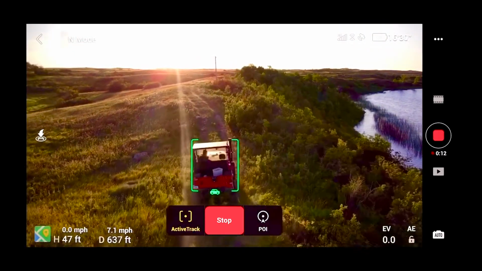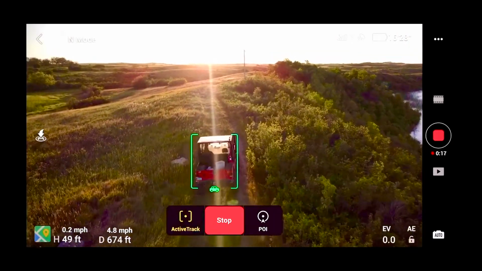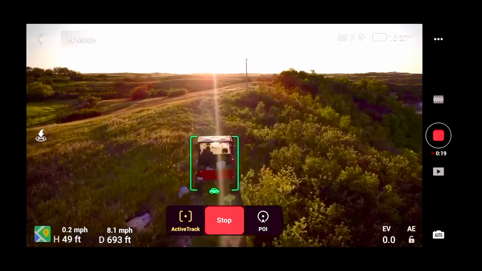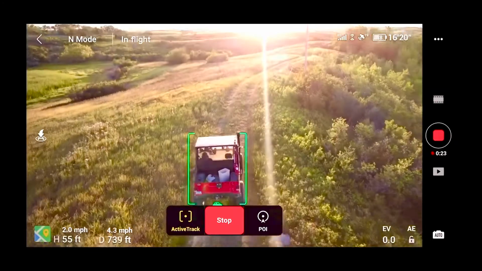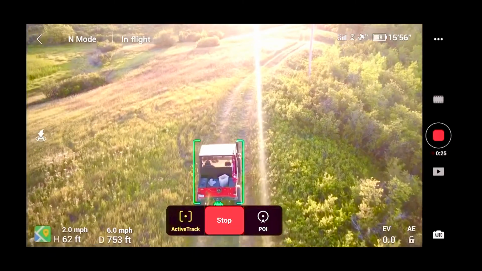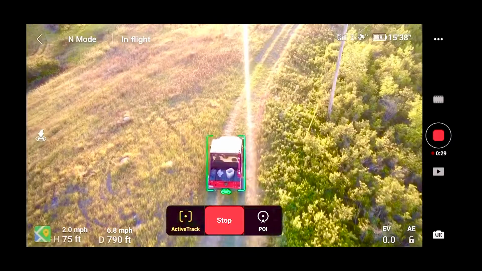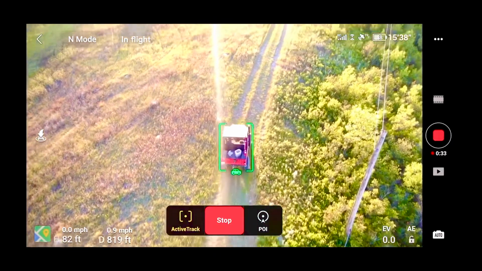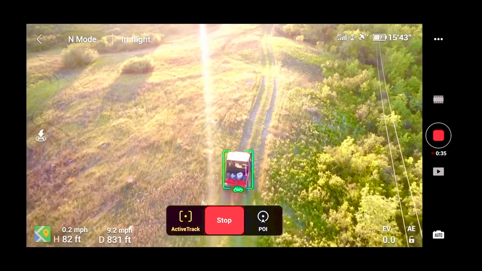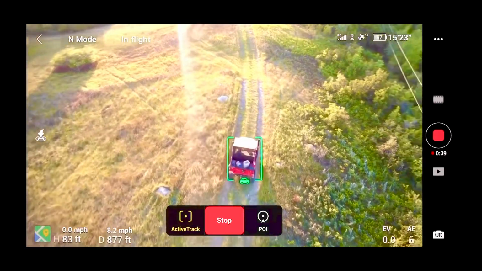I try to bring it in a bit closer, and being that I was kind of off-road, this wasn't very interesting, so I tried to move it to the side. And then at the same time, if you look ahead, there's a power line, and in these conditions the drone wouldn't be able to see those lines, so you are always warned to be careful when you drive or when you fly around power lines.